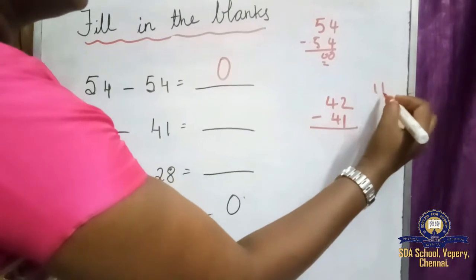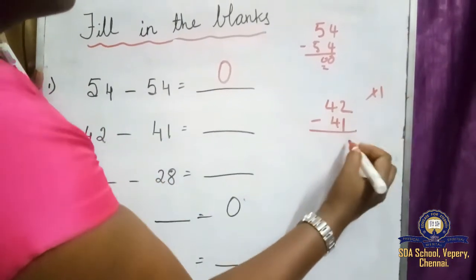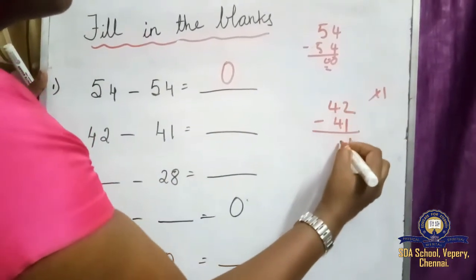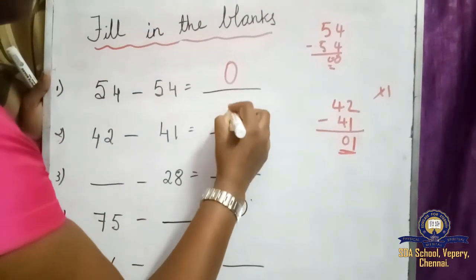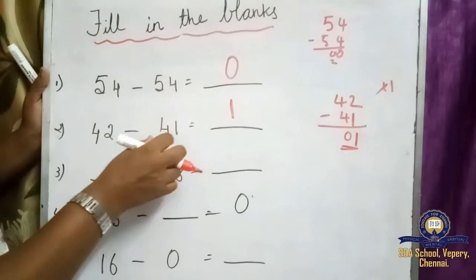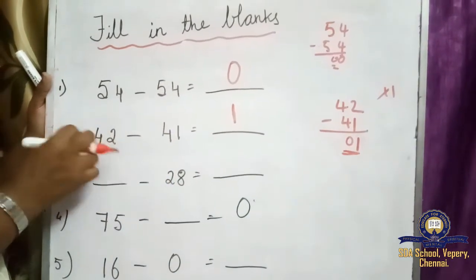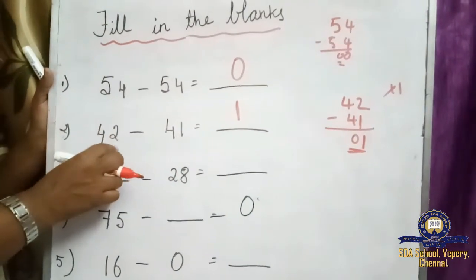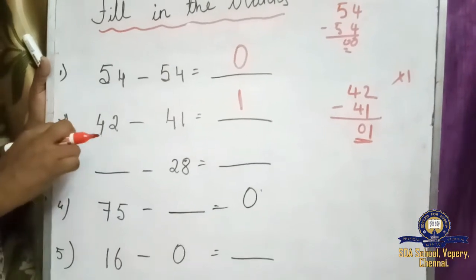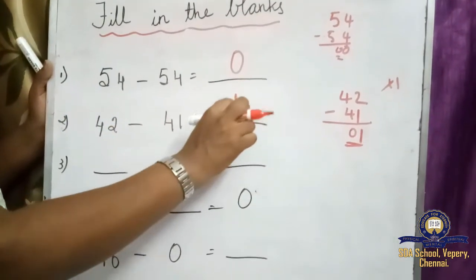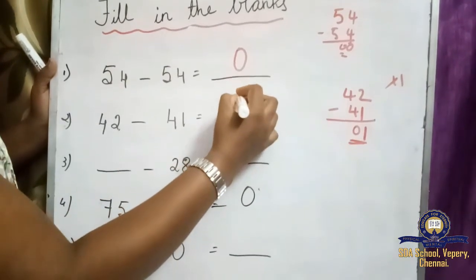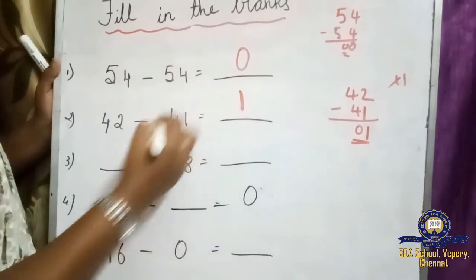And 4 minus 4 is 0. So your answer is 1. That is, you will get the before number of 42. The before number of 42 is what? 41. So 42 minus 41, the difference is 1.